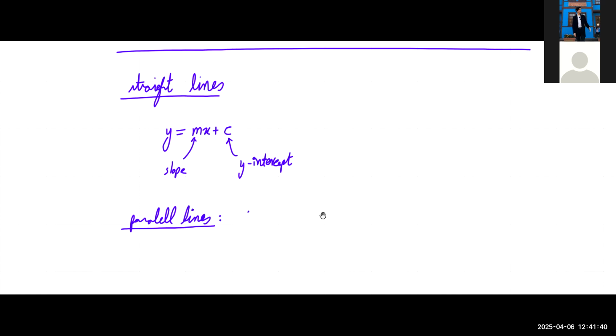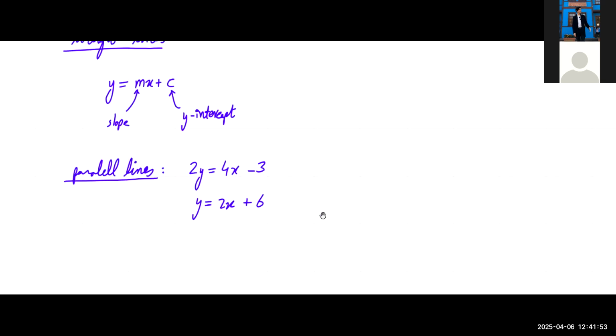So for example, are these two lines parallel? Yeah. How? Their m values aren't the same, are they?